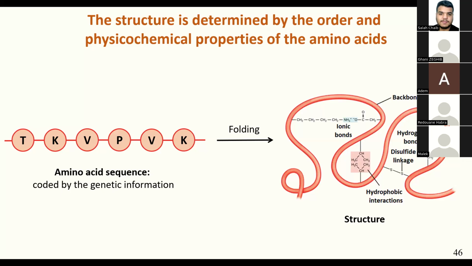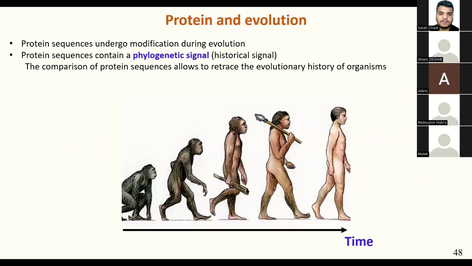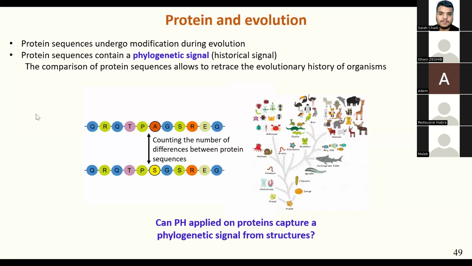One process that I am interested in is evolution. During evolution, protein sequences undergo modification, and biologists compare protein sequences in order to retrace the evolutionary history of organisms. It means that if we have two sequences, they will compare them and count the number of differences between them.